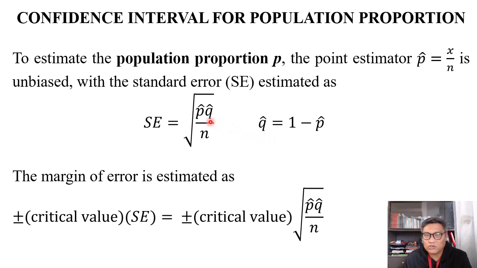If your proportion p is 0.7, then your q hat is 0.3. So we have to subtract it from 1, so that when we add, it goes back again to 1 or 100%.